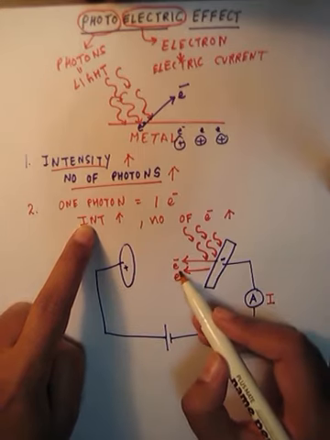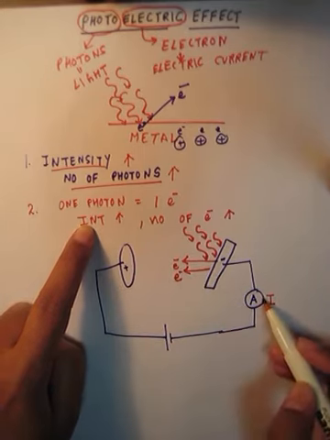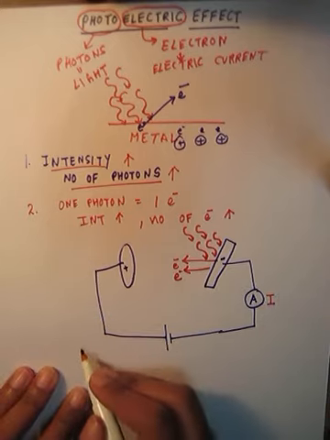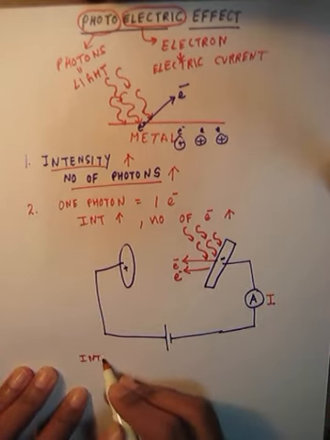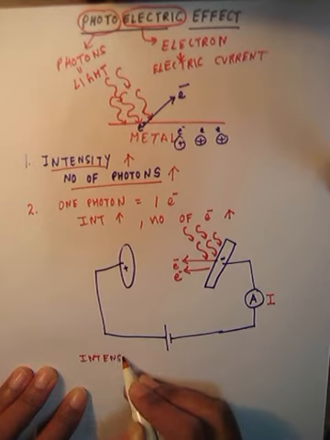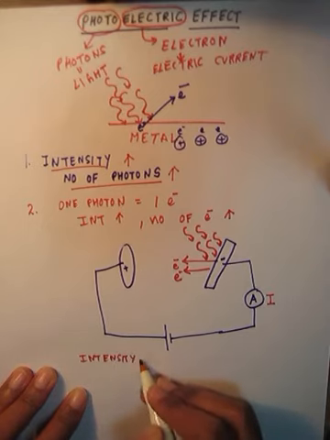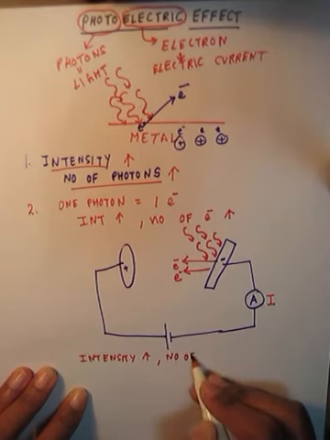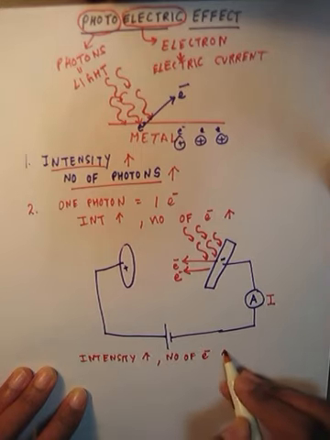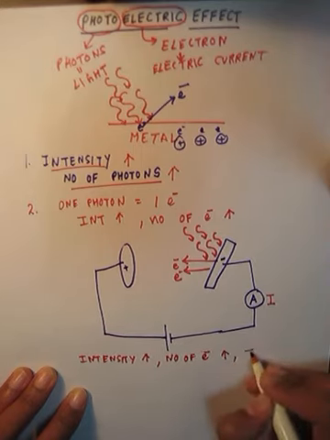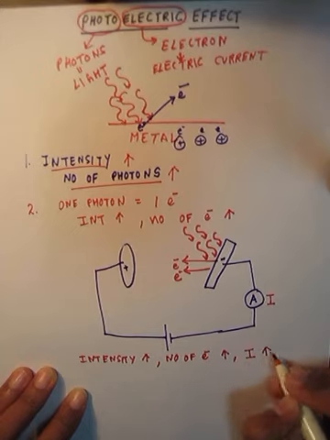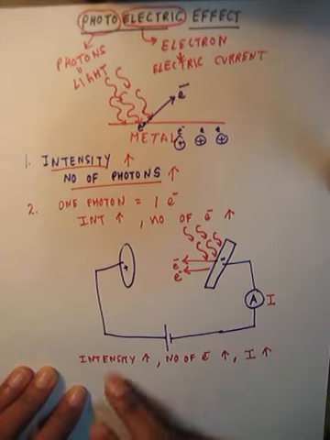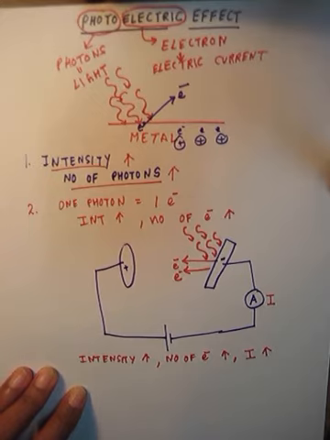More photons, more electrons, more current. Okay, so intensity could be understood as: intensity will increase, number of electrons will increase, and therefore the current in the circuit will increase. So intensity and current, they are proportional to each other.